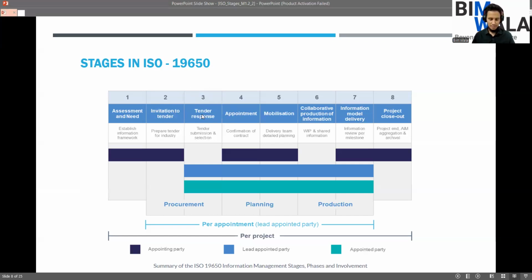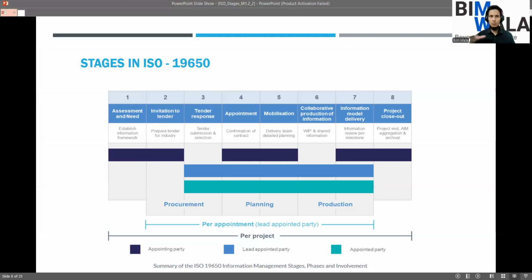For example, I am the client and I have floated the EIR document, a sort of pre-tender document. Now there are maybe XYZ competitive bidders who would like to bid for the tender.